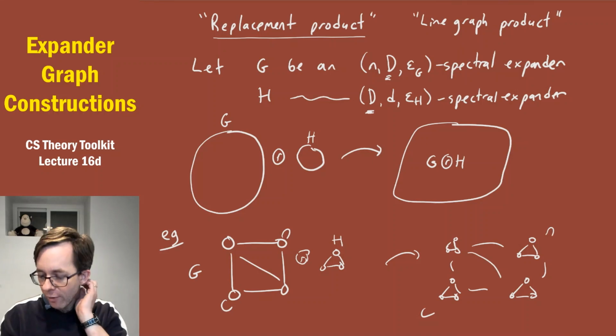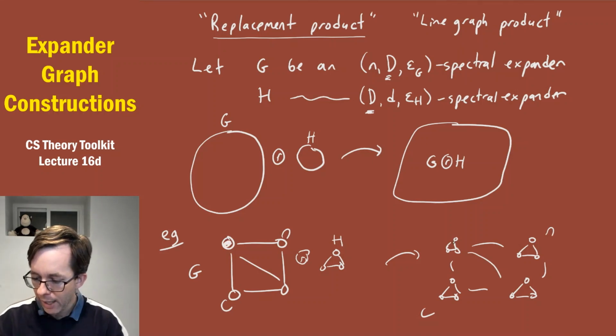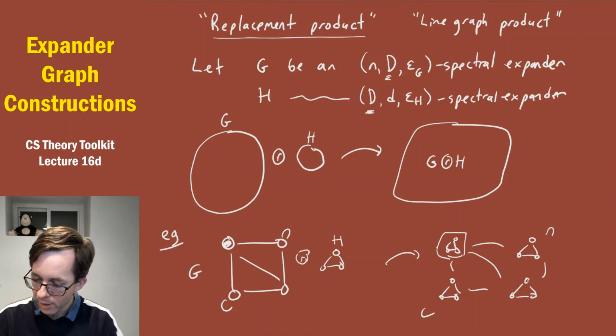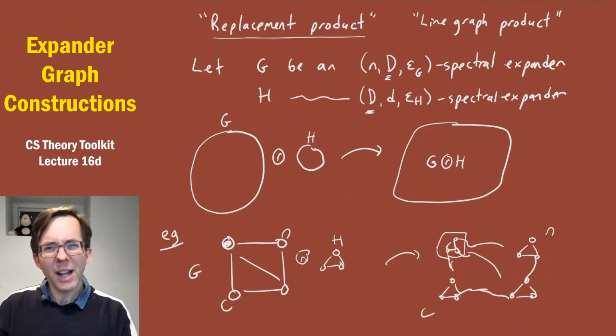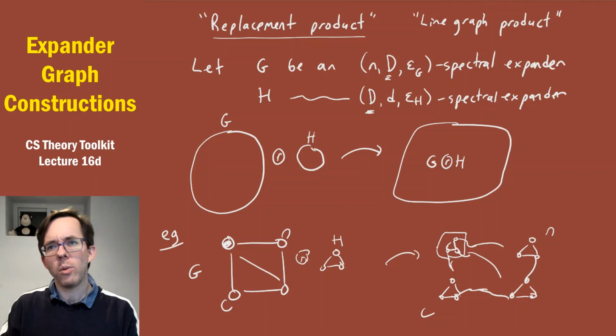Every vertex of G has degree 3, and now the associated cloud of vertices has 3 vertices. So you can associate each vertex here with one of the outgoing edges. So every vertex in one of these clouds has one outgoing edge. Okay, hopefully that was kind of clear. And in fact, to make it simple, I lied.